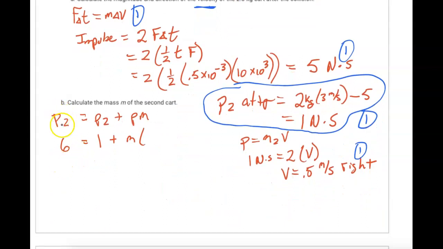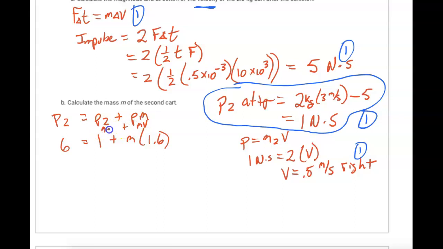Okay, so the momentum of the 2 kilogram cart before is equal to the momentum of the 2 kilogram cart after plus the momentum of that unknown mass cart after, but we do know its speed is equal to 1.6. So where did we come up with m times 1.6? Remember, momentum is actually just mass times velocity.